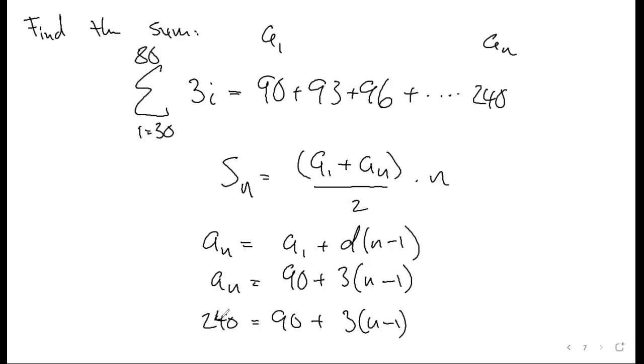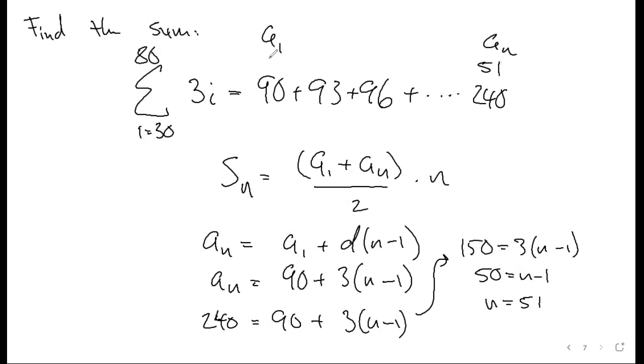So this tells me 240 equals 90 plus 3 times (n minus 1). If I subtract 90 on both sides, I get 150 equals 3 times (n minus 1). So this is telling me 50 equals n minus 1. So n equals 51. So this is actually my 51st term. If this is the first term, second term, third term, this is the 51st term.